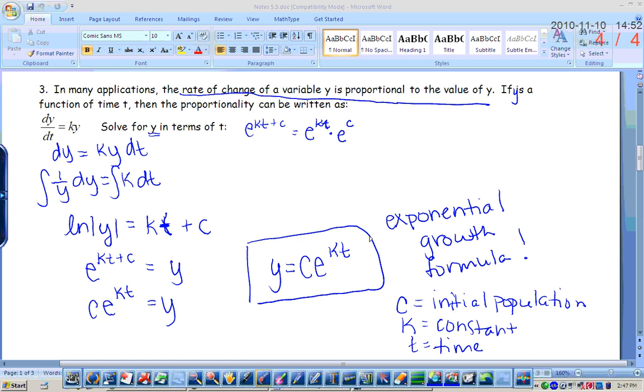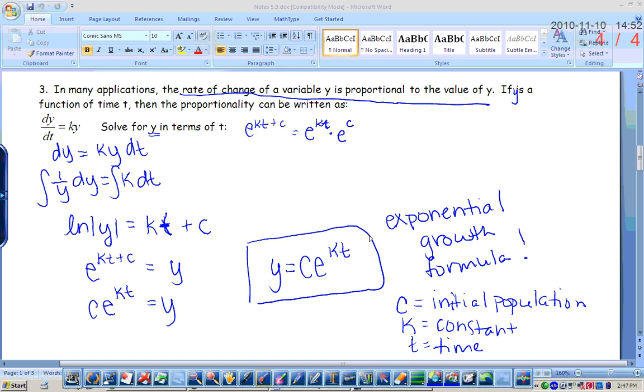So think about bacteria growing in a petri dish. That's going to be exponential growth, but the reason that it's exponential growth is the rate of change of the bacteria is proportional to how much is present. So if you just start with 2 bacteria, or 1 bacteria, I think bacteria can just split. I'm not a biology teacher.